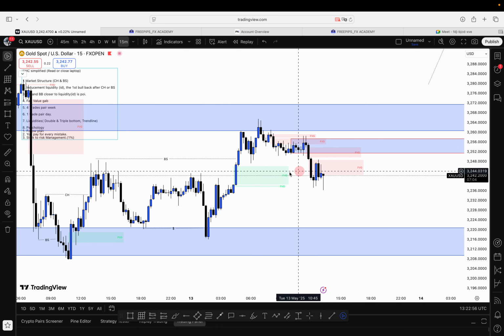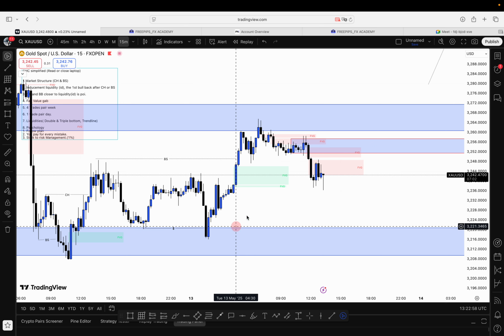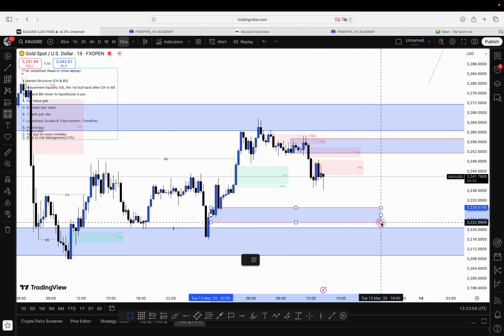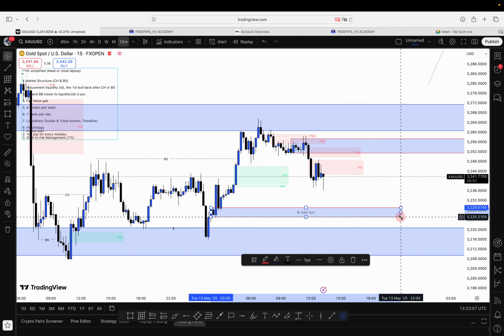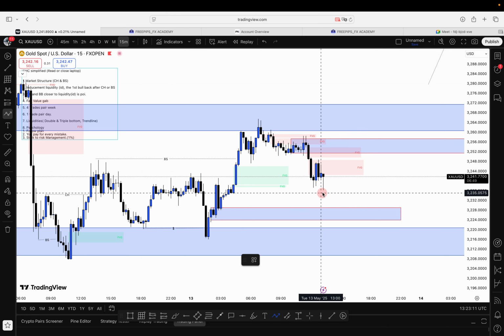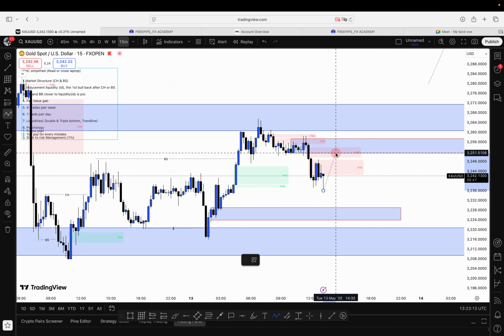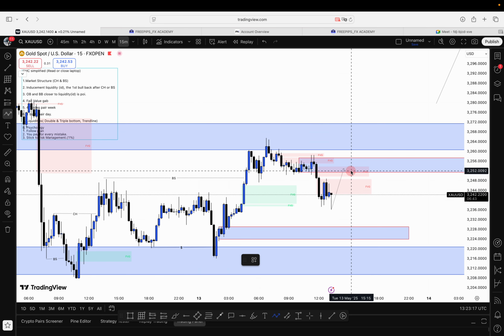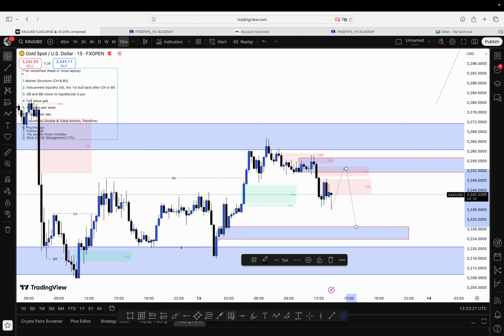Now we are not having any inducement here. Before we can take any trade inside this zone, I have to find an inducement. If this market is able to come back here and drop again, then I can make this one my inducement.